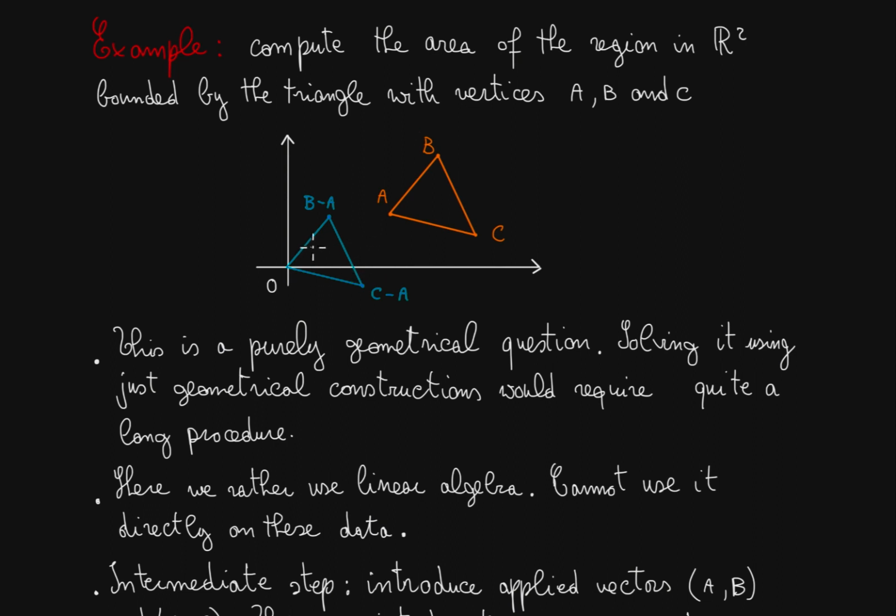We notice that the area of this triangle is exactly the same as the area of the initial triangle, since this triangle is just the translated of this by the vector negative A.